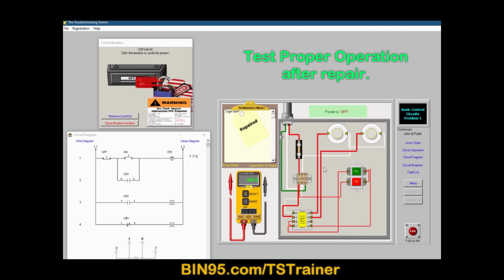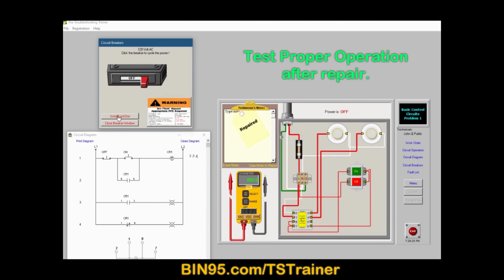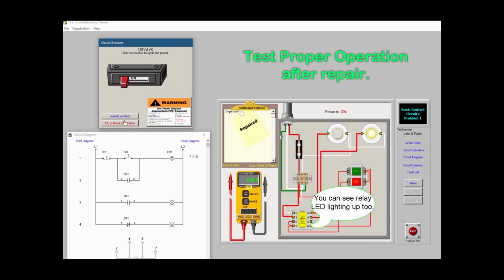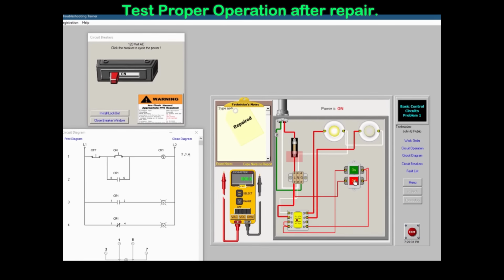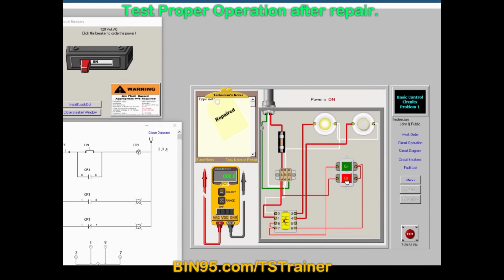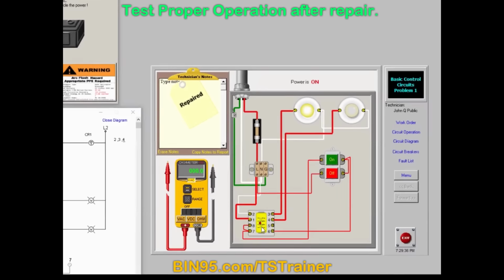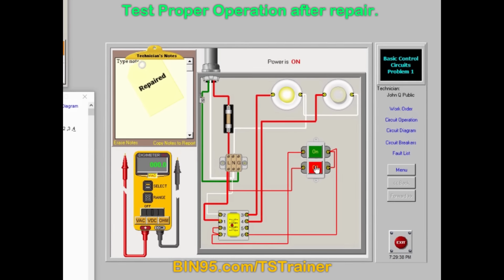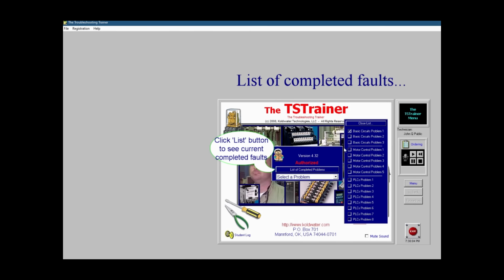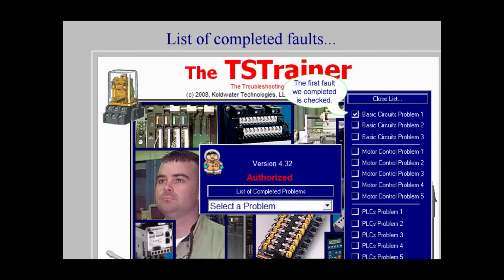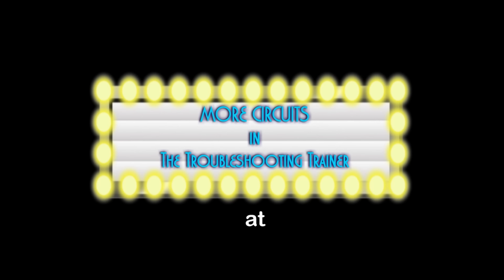After fixing the fault, the lockout tag must be removed, and the power must be turned back on. The next step is to test the system and ensure everything works correctly after repairs. Students can open a list of circuits and see which ones they have already solved faults on.